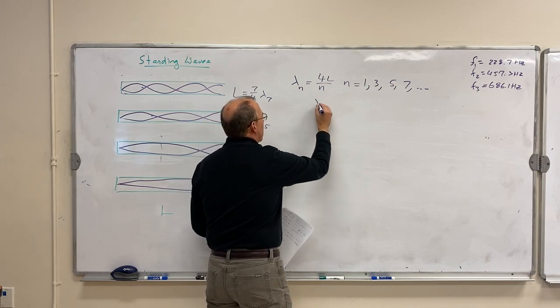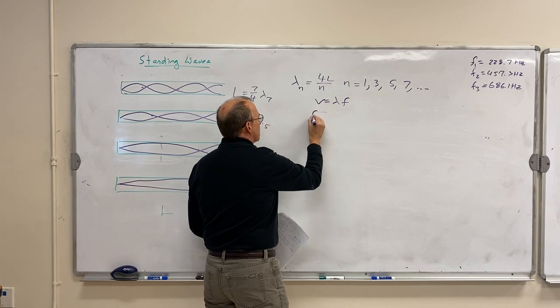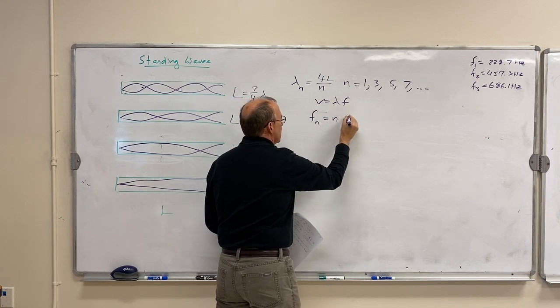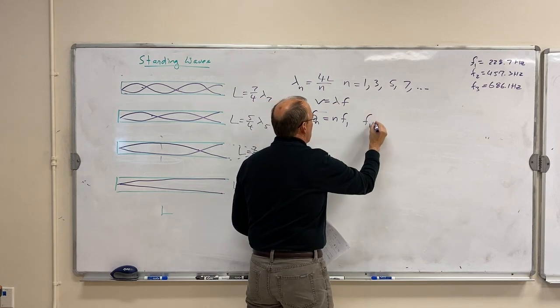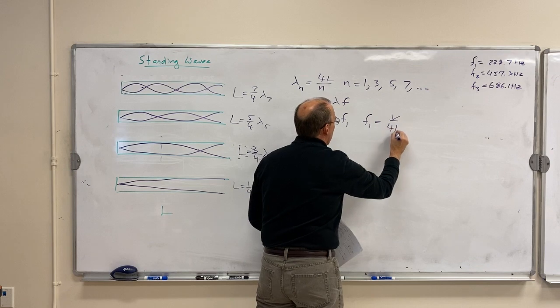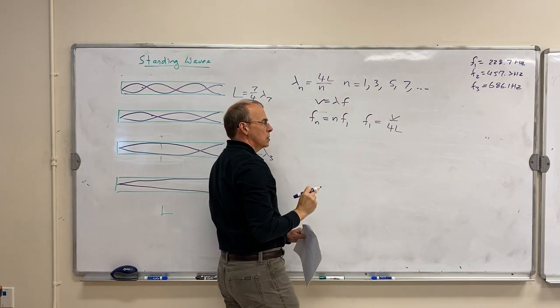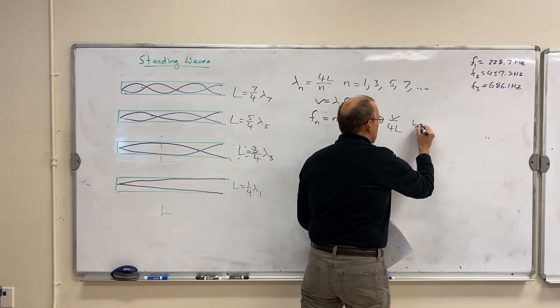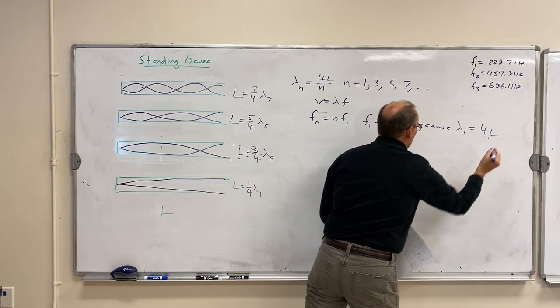We still have v equals lambda f, and we still get Fn is n F1, but F1 would now be V over 4L, because lambda 1 equals 4L.